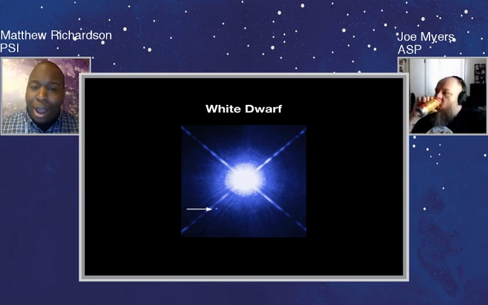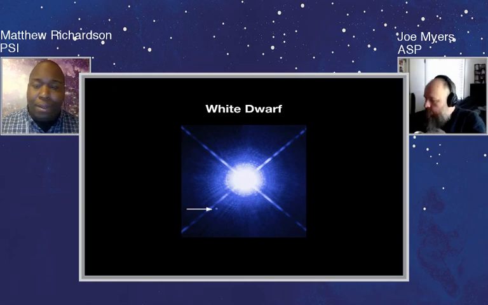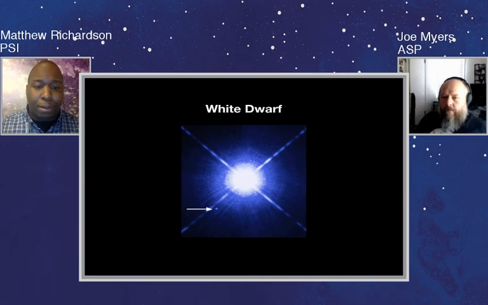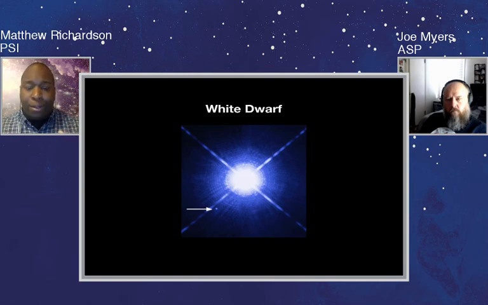However, for much higher mass stars, the situation is a little bit different. We again still have a hydrogen shell and a helium shell, where the helium eventually burns to produce carbon within the core.